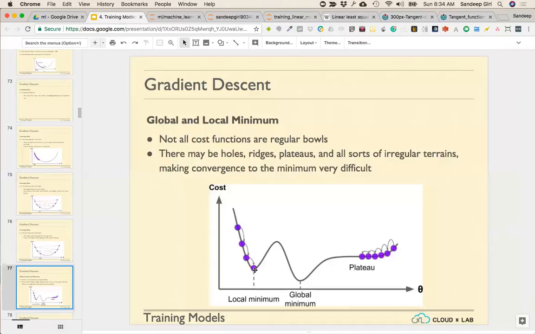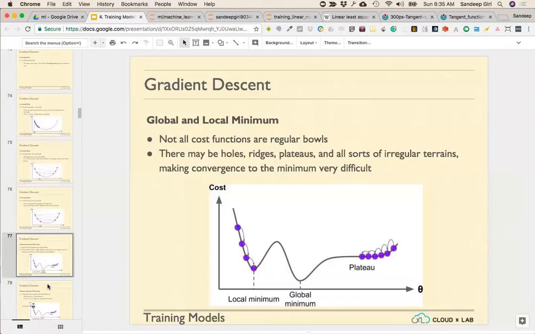We end up here as per the gradient descent algorithm, and we would not go up any further. While our global minima is here, we would basically be satisfied here. So the initial point where we are starting from plays a big role in standard gradient descent. Therefore, we have to come up with something so that we can reach the global minima instead of the local minima.